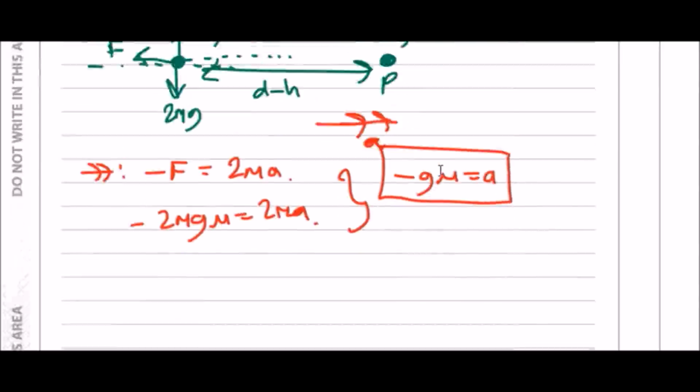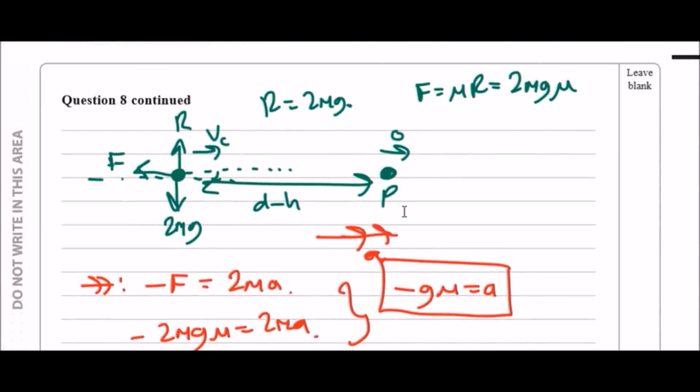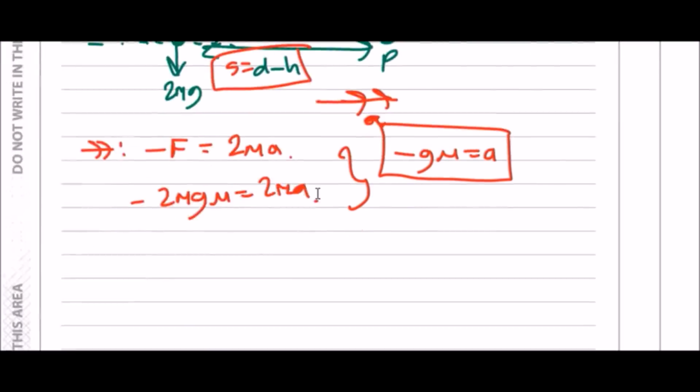So let's label everything. So that is the new acceleration. So now we have acceleration check, the distance s check, the initial speed vc check, and the final speed 0. Perfect. Let's do this. So I'll write it again here. So this was d minus h.